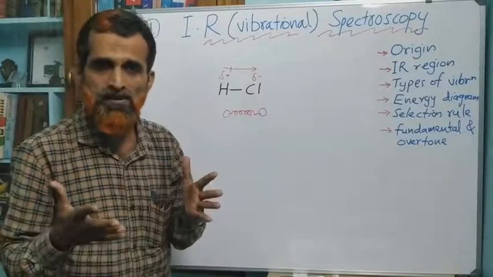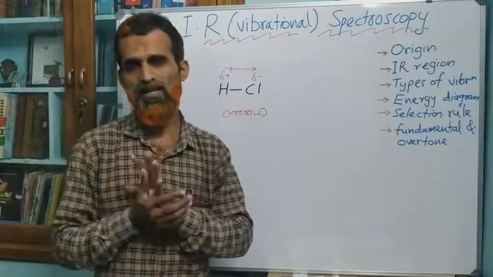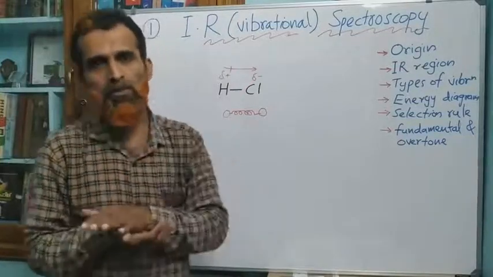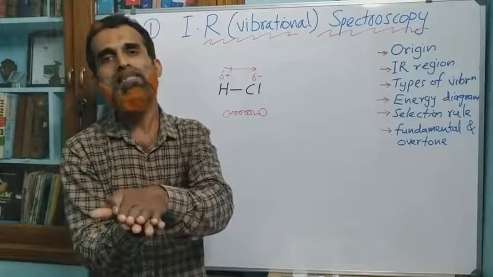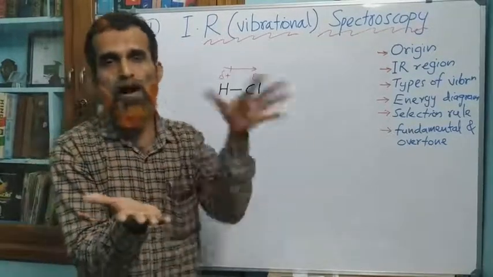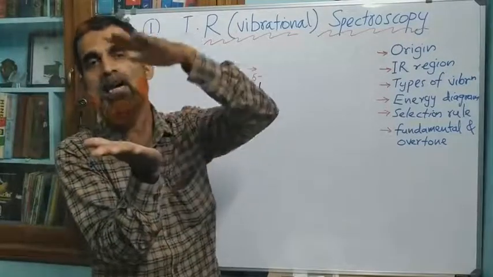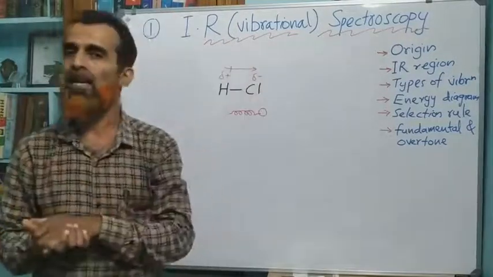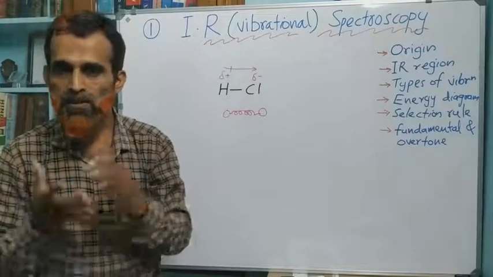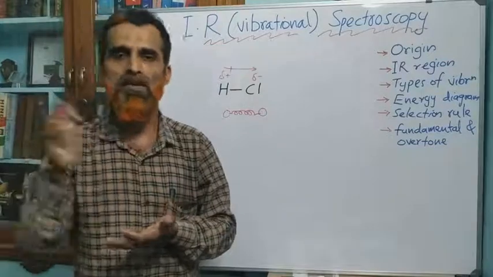What happens if you are giving IR radiation? The molecule which is originally in the ground vibrational level naturally will absorb IR radiation of suitable frequency and get excited to higher vibrational level. This is what is happening during vibrational spectroscopy.